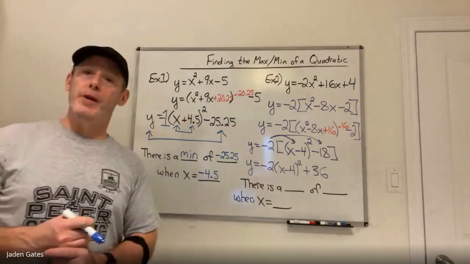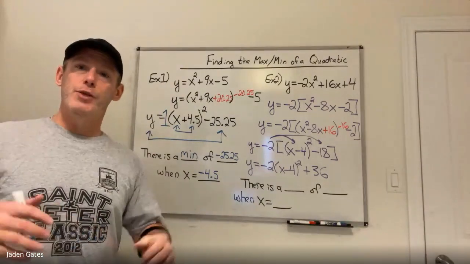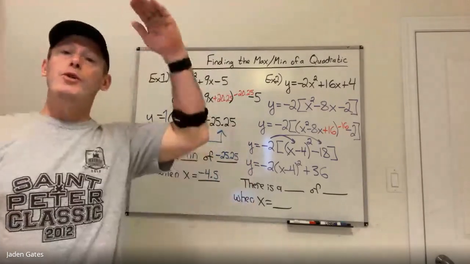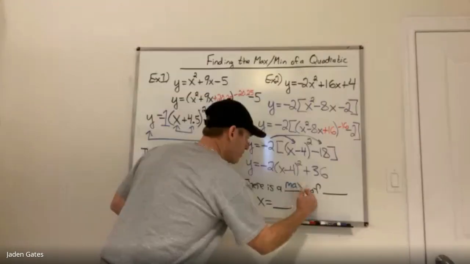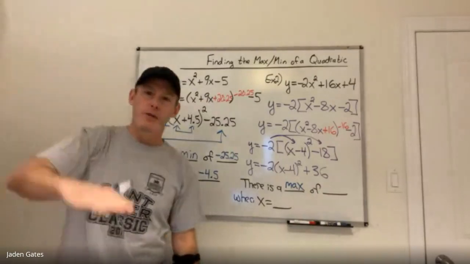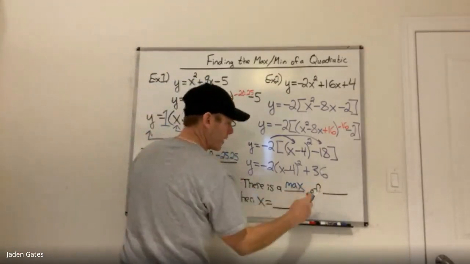That is determining whether this thing's a max or a min. This a value is negative, which means my parabola is opening down, which means the vertex is at the top. So we have a max. Well, how high is it? Again, that's talking about how high or low. That's your y values. That's on the outside. So that's a 36.